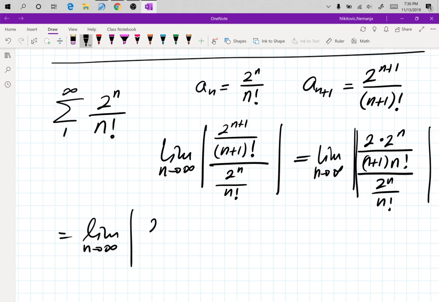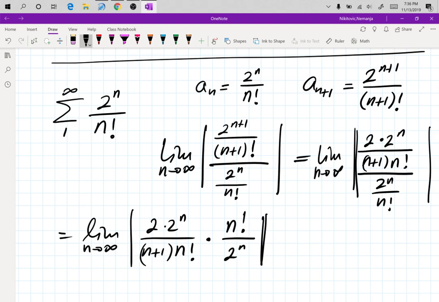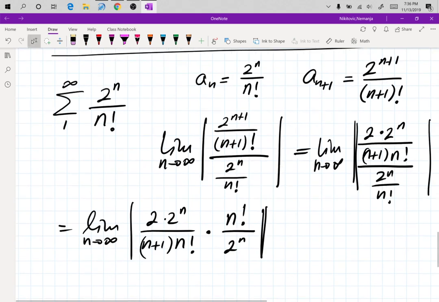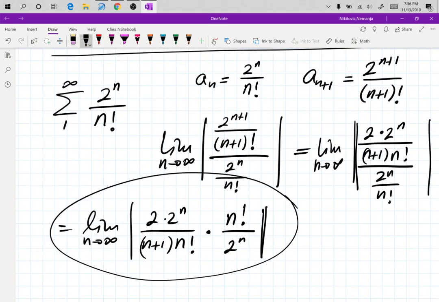So you have 2 times 2 to the n over (n plus 1) times n factorial, times the flip of the bottom, which is n factorial over 2 to the n. I know that some of you will immediately write this, which is okay. It's fine.